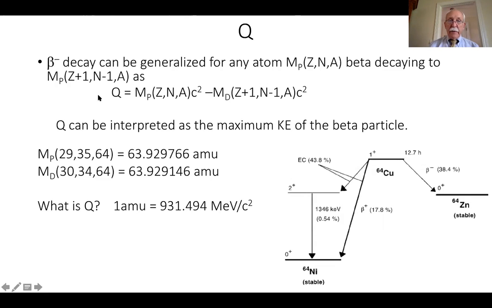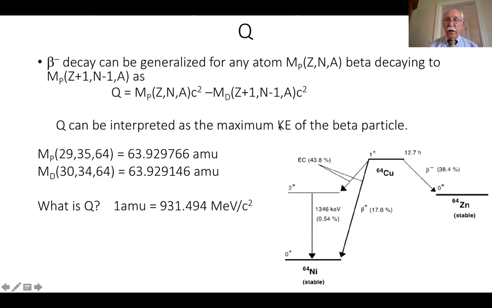So here's the generalization. The Q for beta minus decay is the parent mass energy minus the daughter mass energy, where the daughter has an atomic number that's 1 bigger than the parent and a neutron number 1 less than the parent, but the same mass number.